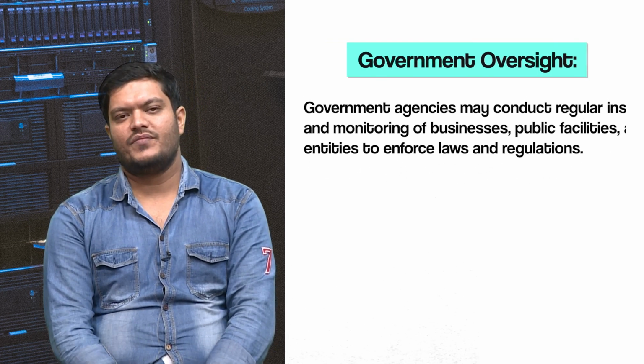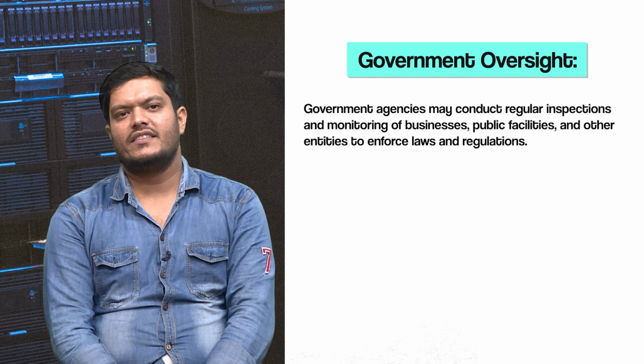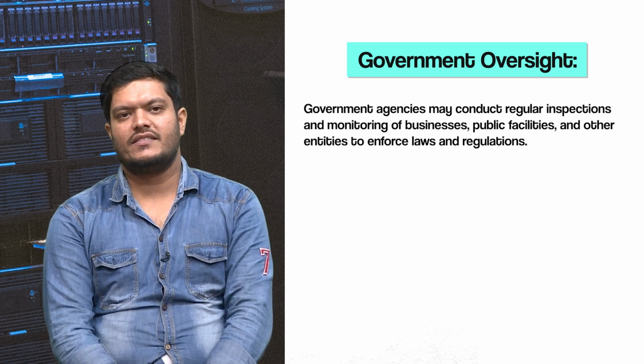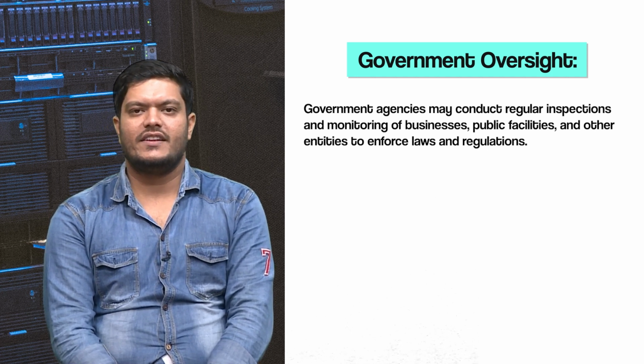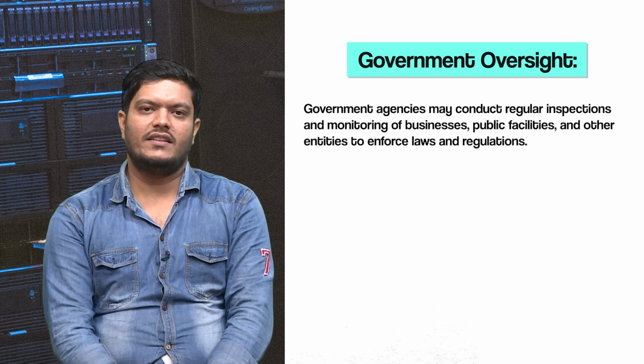Government oversight. Government agencies may conduct regular inspections and monitoring of businesses, public facilities, and other entities to enforce laws and regulations. Government oversight involves regular inspection and monitoring activities carried out by government agencies or regulatory bodies to ensure compliance with laws, regulations, and standards.